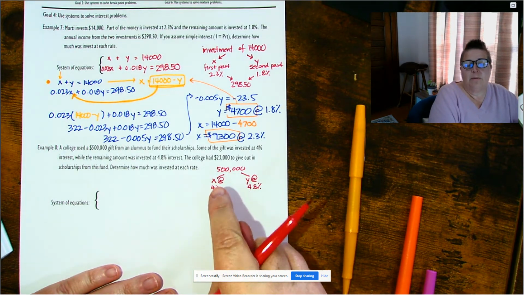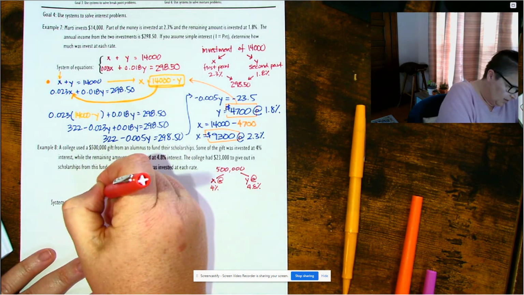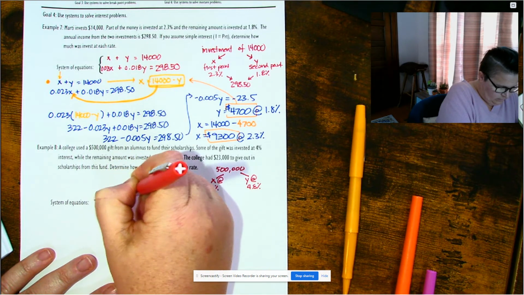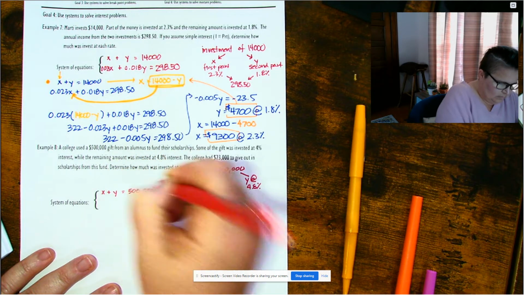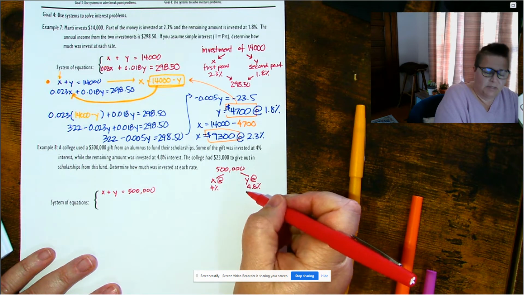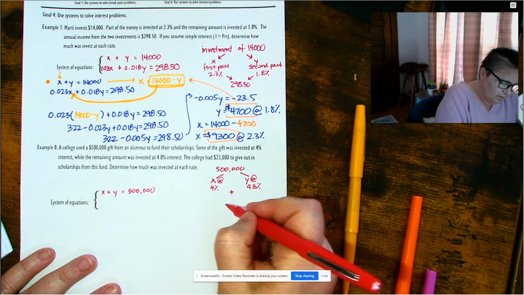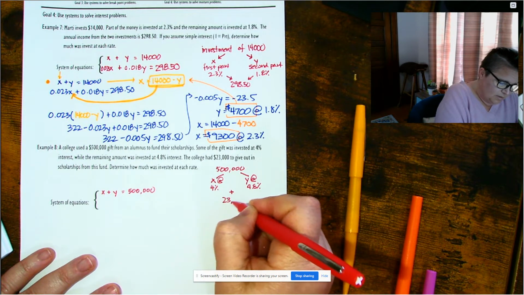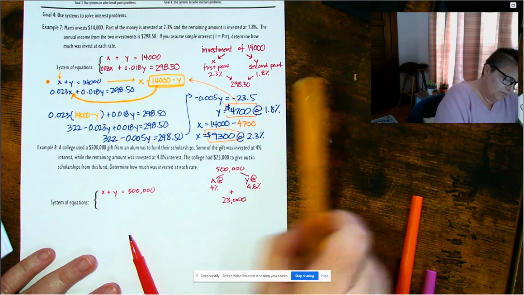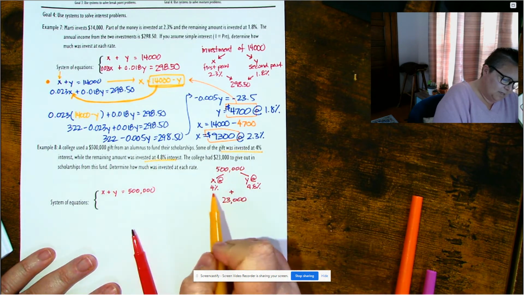We know that the principal amounts of X and Y have to add to be 500,000. We know that when we took the principal times interest and the principal times interest, and we added them together, the interest was $23,000. Because some of the gift was invested at 4%, remaining was at 4.8.